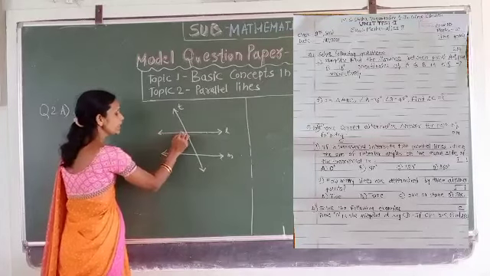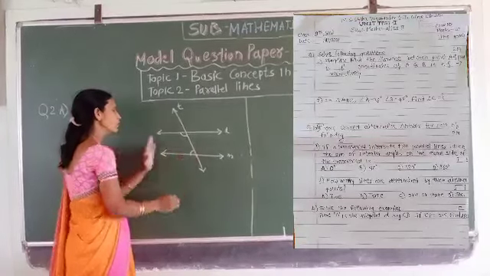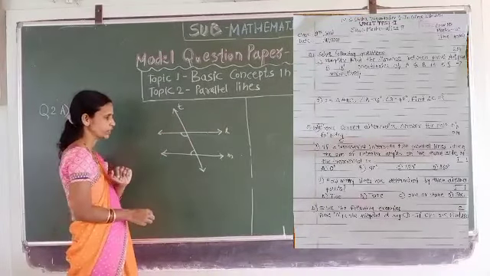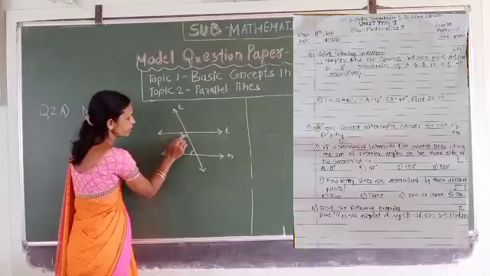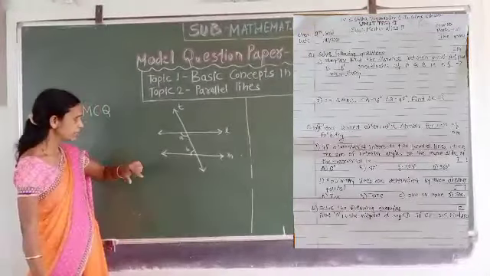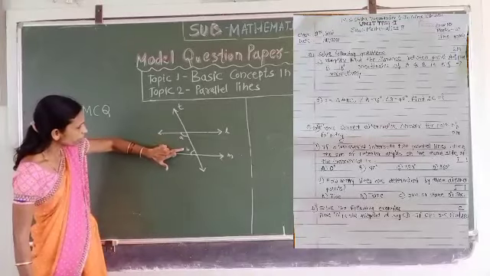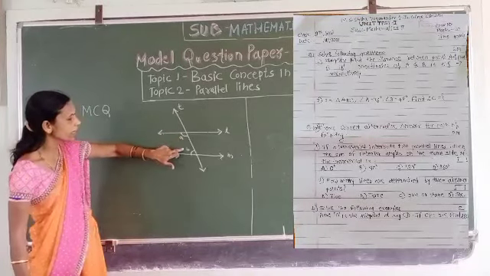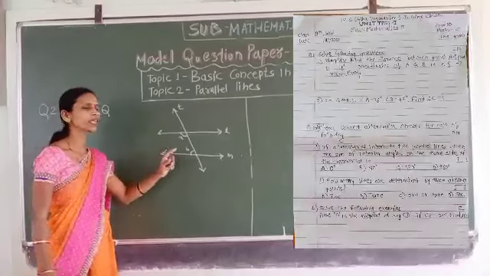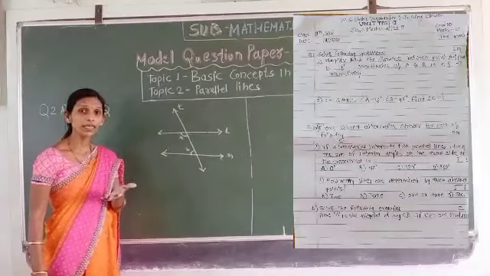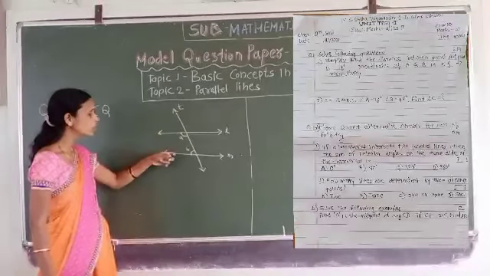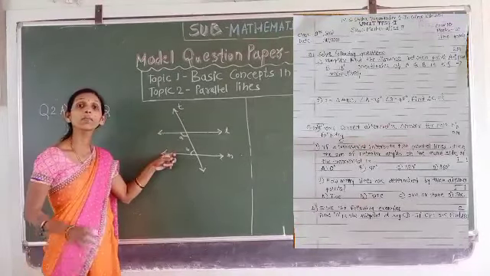Then the interior angles are formed on either side of the transversal, on the same side of the transversal. Angle A and angle B are interior angles. The sum of those two interior angles should be 180 degrees. That means those interior angles are supplementary if the transversal intersects two distinct parallel lines.